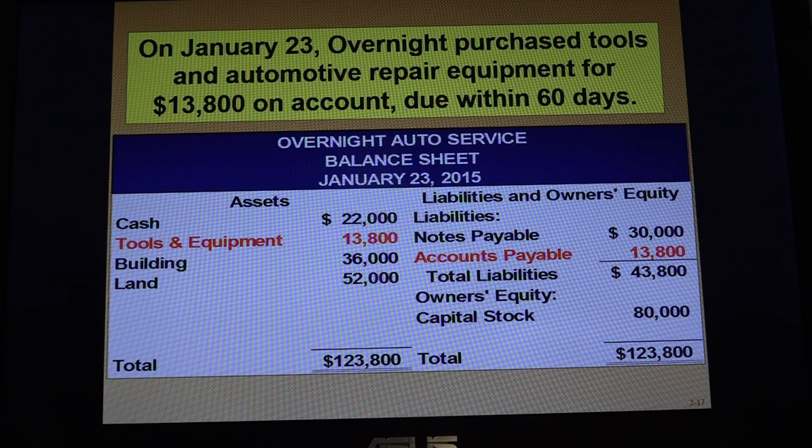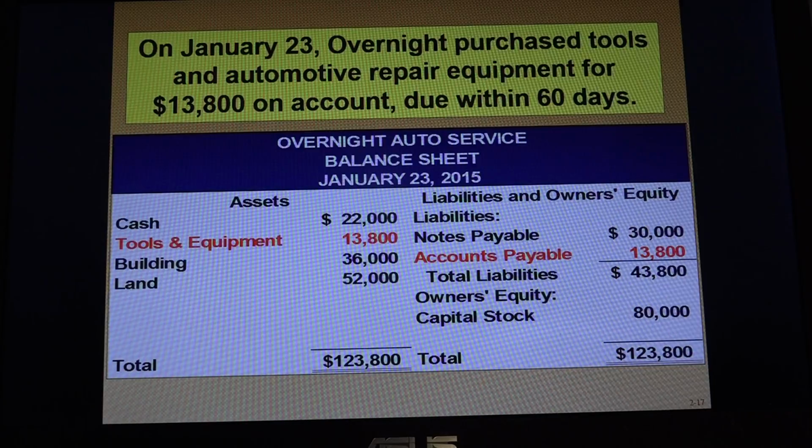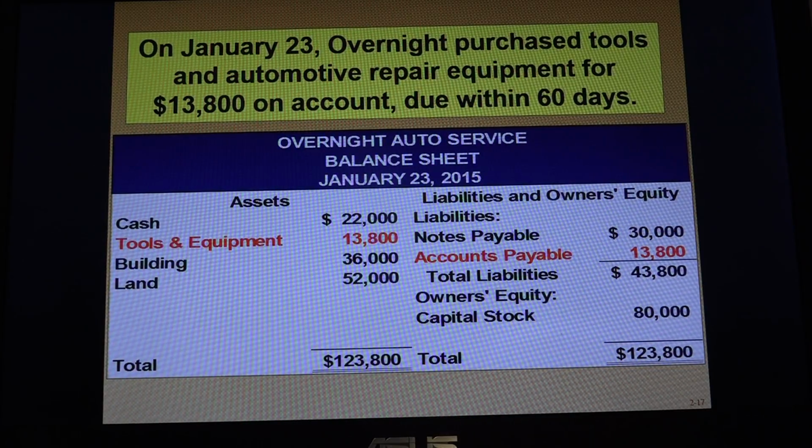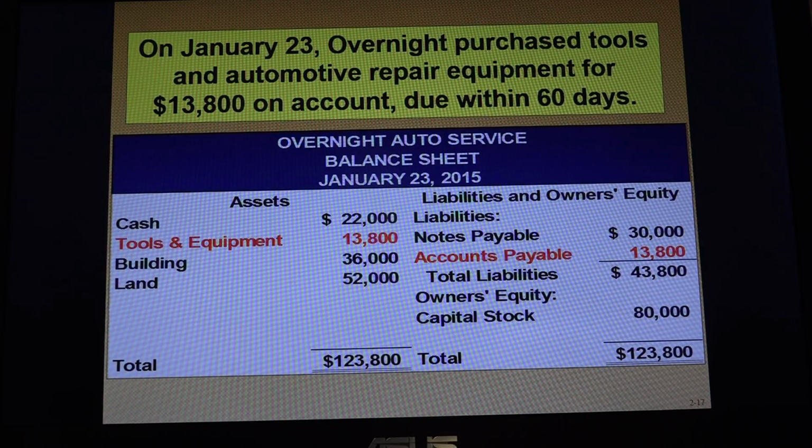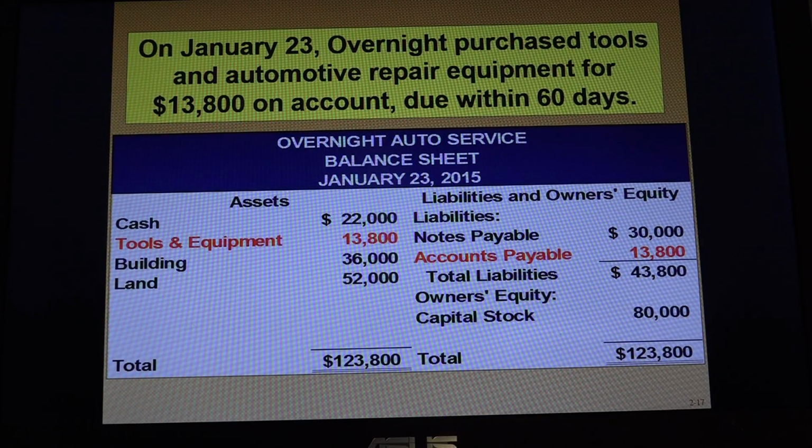This accounts payable is payable in 60 days. So what you normally do with liabilities is you list them in the order that you plan on paying them. Okay? You list them in the order that the liability will be satisfied. The sooner you plan to pay it, the higher up it goes in the liability section.